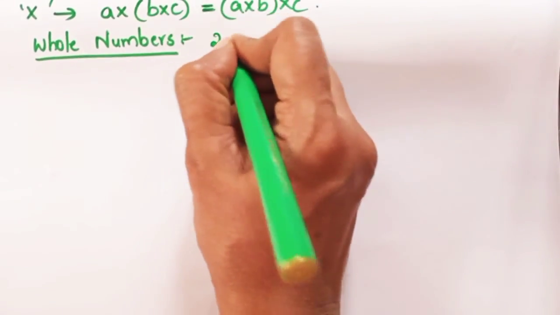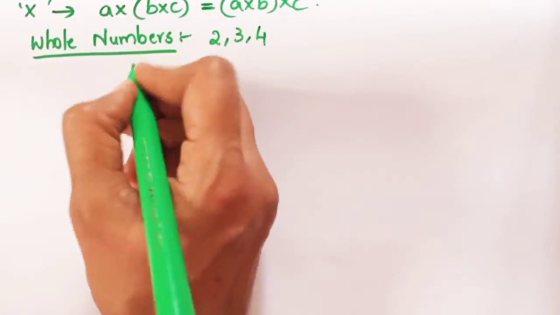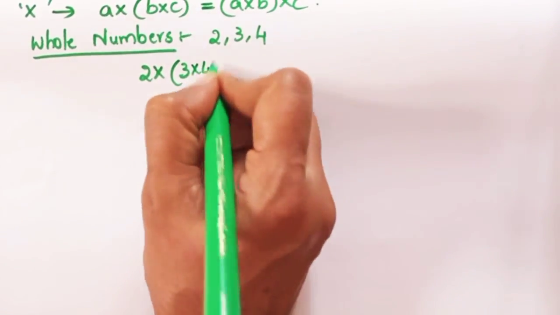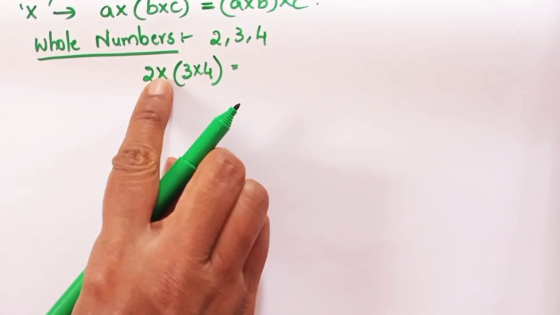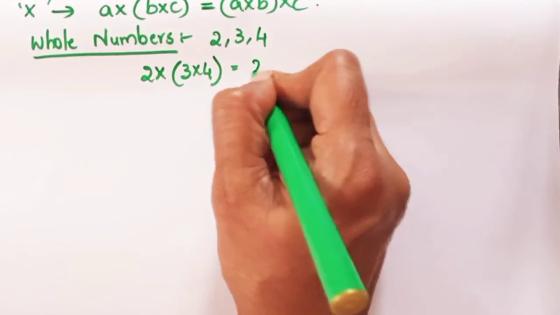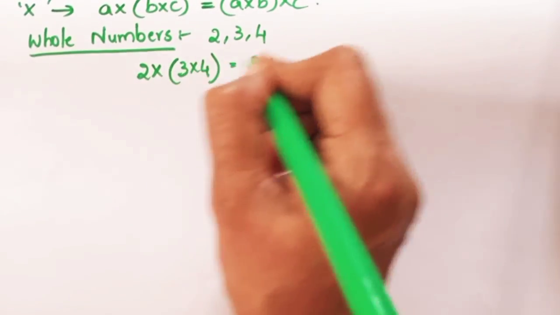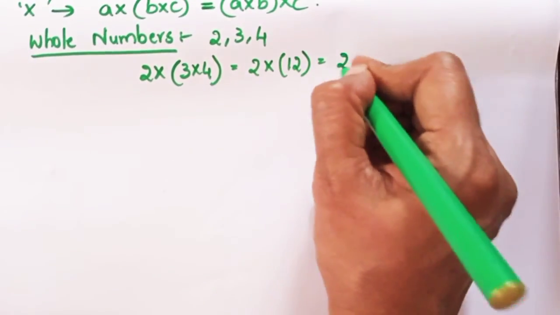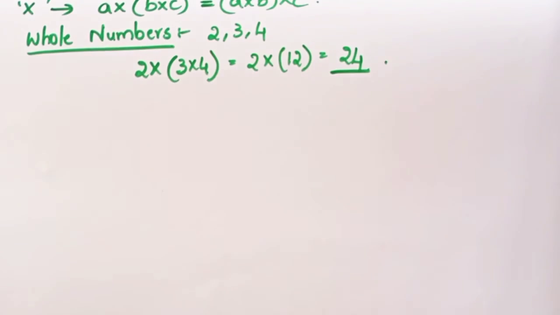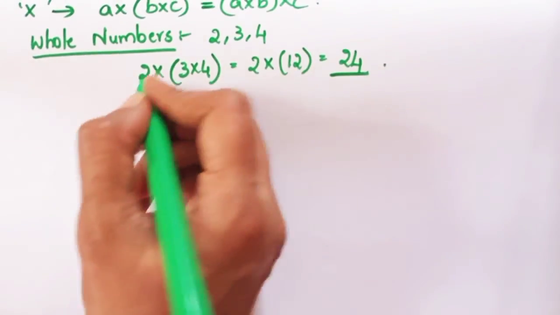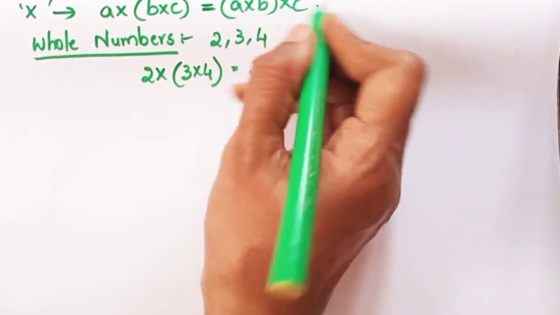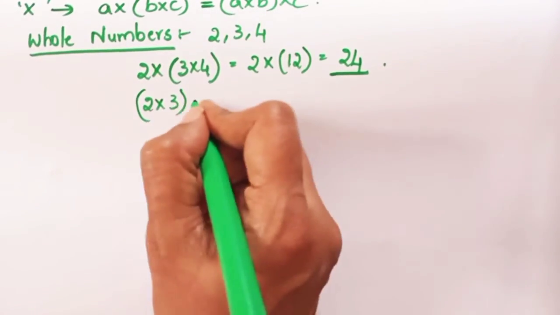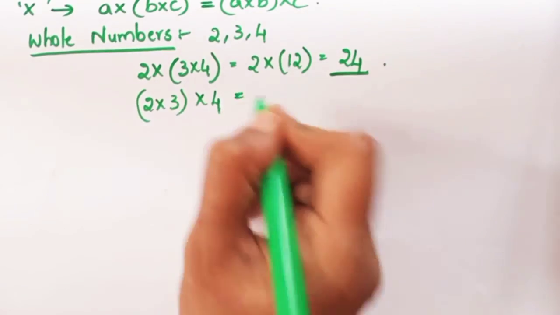The same old whole numbers, 2, 3 and 4. Just check it fast. 2 into 3 into 4. A into B into C. So 2 into 3 fours are 12. 2 into 12 gives you 24. Keep it like that. And come to our second case, that is A into B into C. That is 2 into 3 into 4.